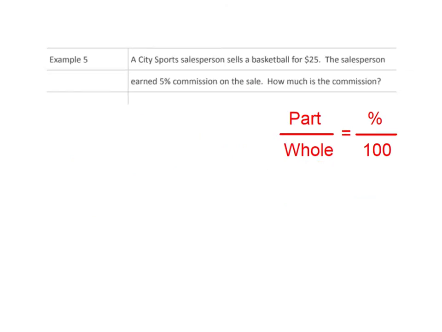Okay, now we're going to talk about a word that you may not know. We're going to talk about commission. A lot of salespeople earn commission, especially like selling houses and selling cars. People who sell cars, if they sell a car, they get a commission, or a certain percentage of that sale as part of their paycheck. So that's what we are going to be working with.